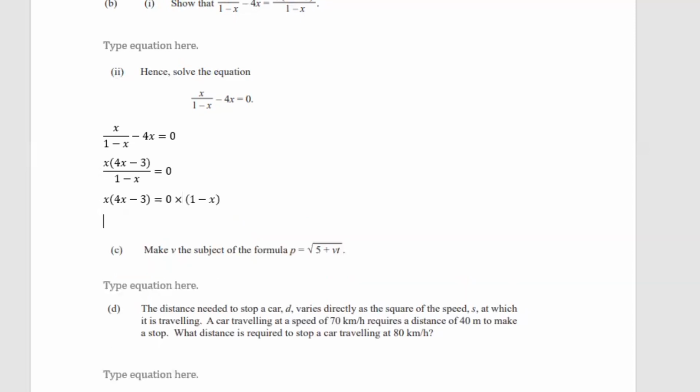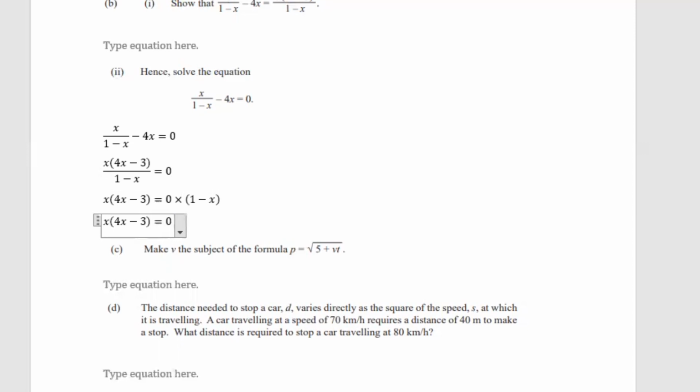And we know that any number multiplied by 0 will give us basically 0. So therefore what we'll have is x being multiplied by 4x minus 3 is equal to 0.